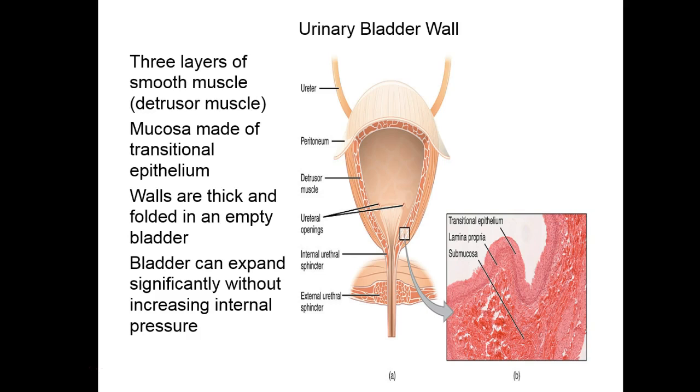And one of the reasons I put this one on here is you can see that internal sphincter in the inferior portion of the bladder. What they are is just a group of muscles. The internal sphincter is involuntary. It's going to open just based on pressure of liquid pressing against it. The external sphincter, where you have more muscular control, is voluntary, based on a signal from the central nervous system.